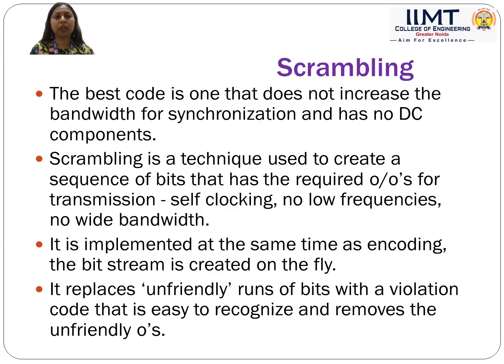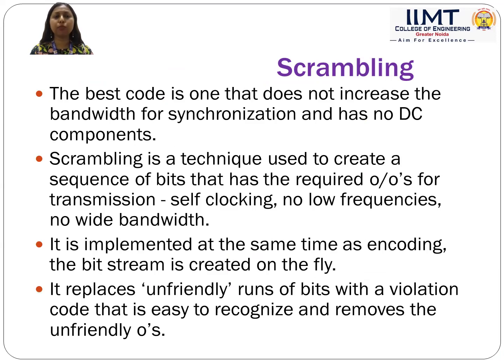Then scrambling. Actually, scrambling is the technique for removing noise and removing the DC component in digital communication systems. The base code is one that does not increase the bandwidth for synchronization and has no DC components.